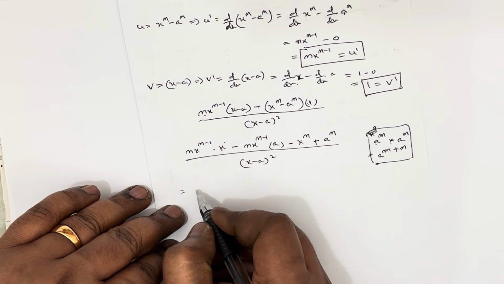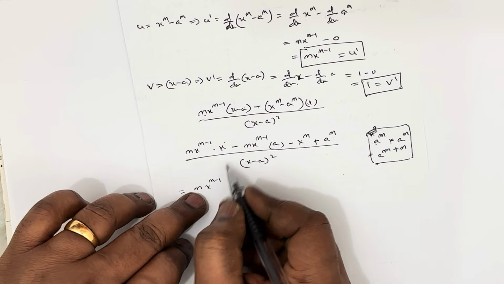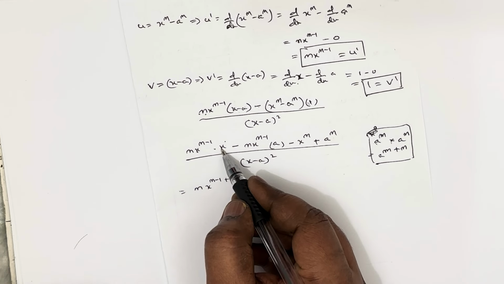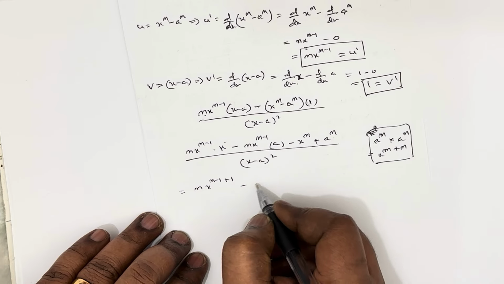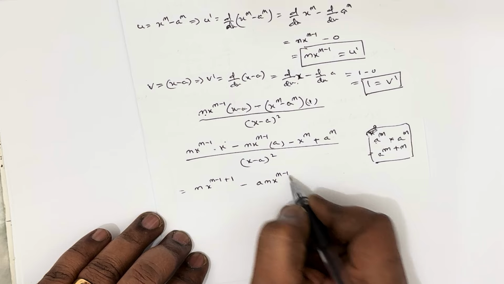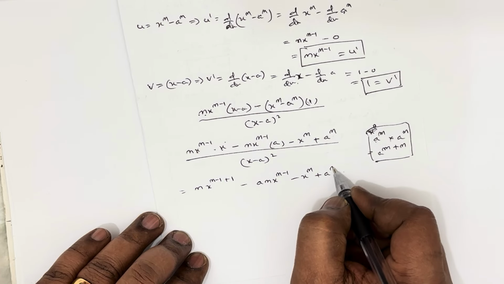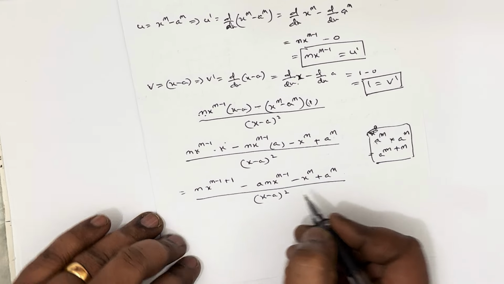So we can write this as n, so x raised to n minus 1, that is a raised to m, and this one plus 1, a raised to m multiplied by a raised to n, m plus n, and minus this will be multiplied here, it becomes a n x raised to n minus 1 minus x raised to n plus a raised to n upon x minus a whole square.